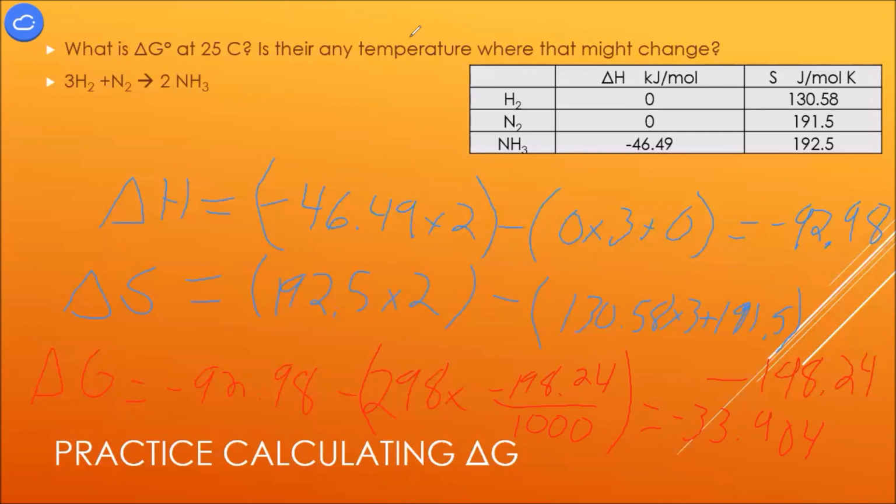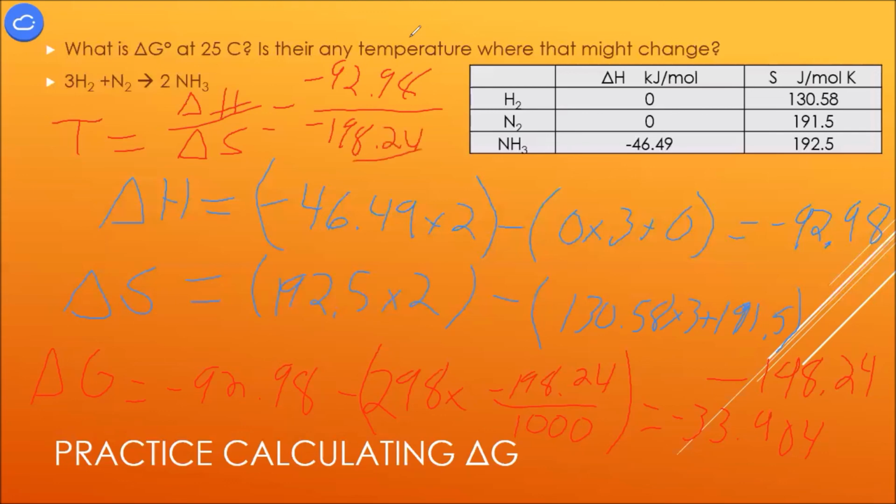So to find that temperature, we're going to say temperature equals delta H over our delta S. So negative 92.98 divided by negative 198.24. But we also have to remember that this had to be divided by 1,000 to turn them into the same units.